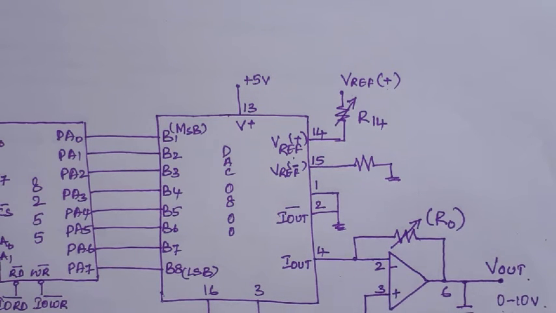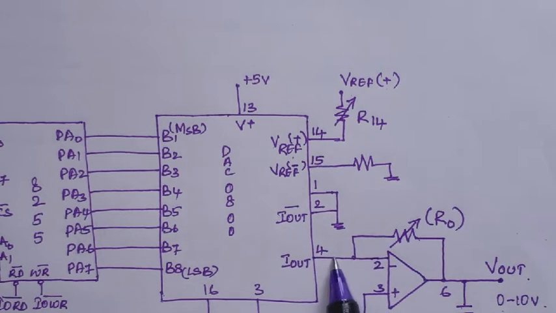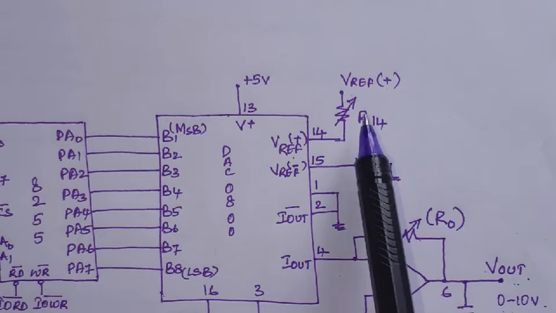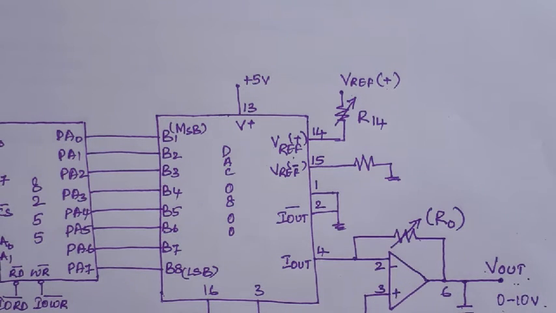Using this op amp configuration, this current is converted to its equivalent voltage at V out. So we get the analog voltage output at V out, ranging from 0 to 10 volts. Again, this range also depends on the reference voltage which we apply.